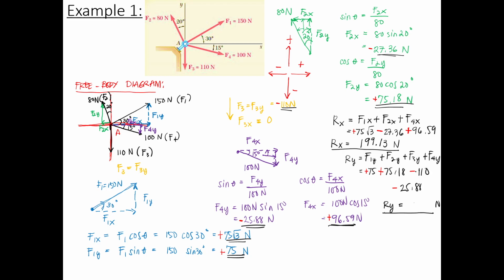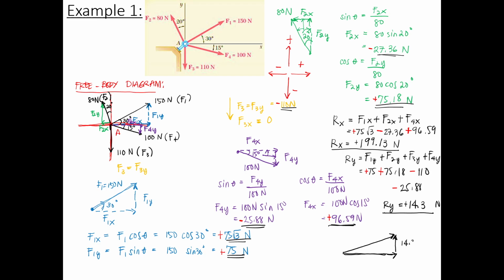Okay, so 75 plus 75.18 minus 110 minus 25.88. That's 14.3 newtons. So getting the resultant, since we have a positive value for your x and y components, more likely your resultant force is in this direction. So 199, then 14.3 here, since all are positive values, and this one is your resultant force.